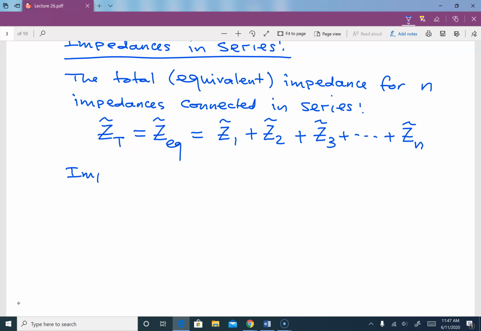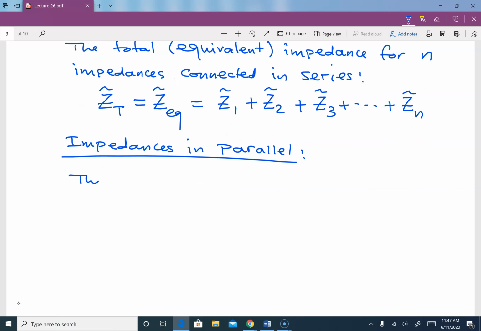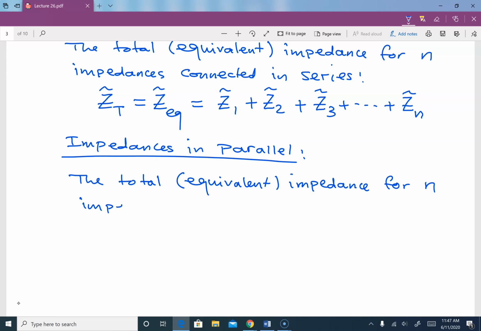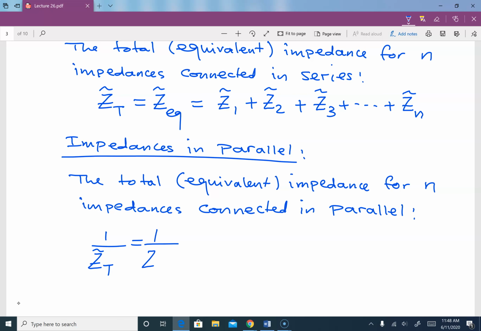And impedances in parallel, the total or equivalent impedance for n impedances connected in parallel, 1 over ZT, which is 1 over Z equivalent, that is equal to 1 over Z1 plus 1 over Z2 plus 1 over Z3.